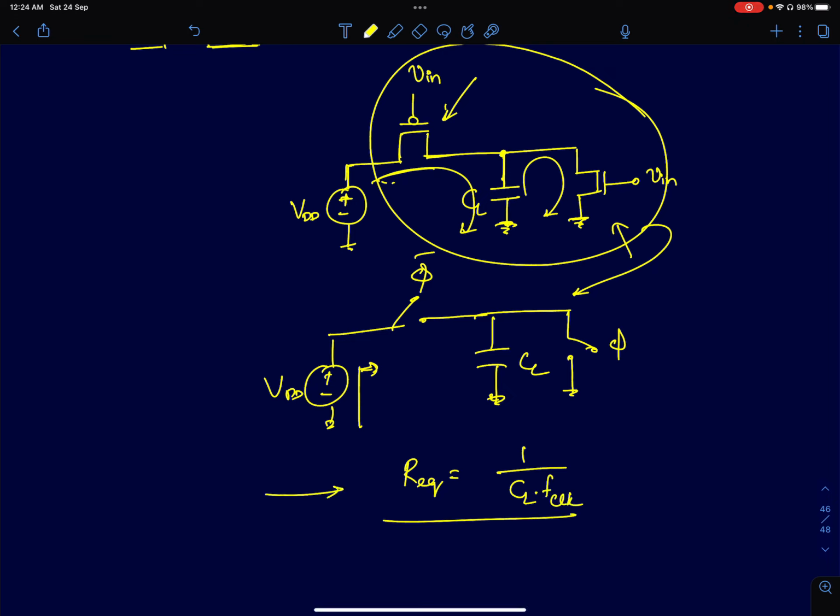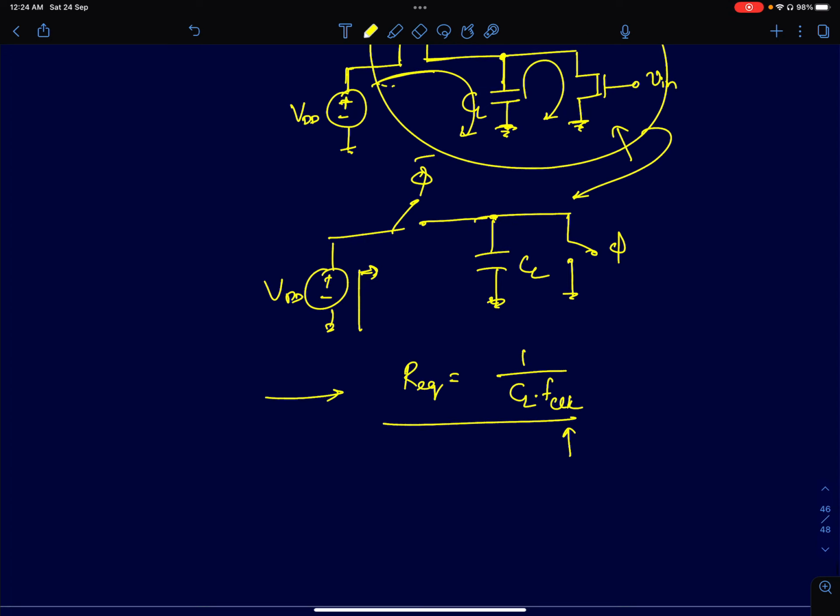If I increase the switching frequency, if I increase my clock frequency, then it's going to offer a lower and lower resistance, which means you're going to draw more and more current. The average current will just increase linearly. So that's one very interesting property. Now, where do we use this as engineers?